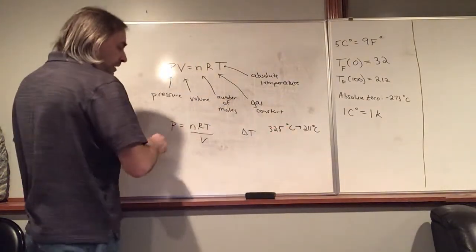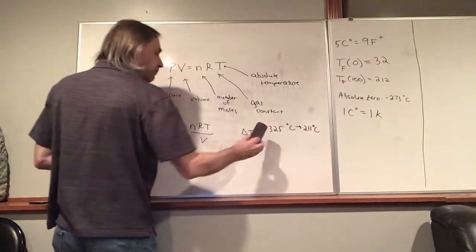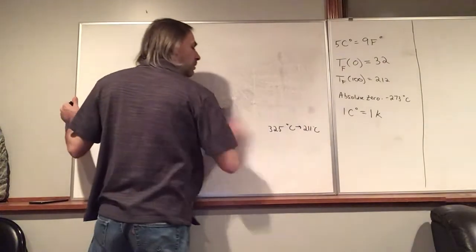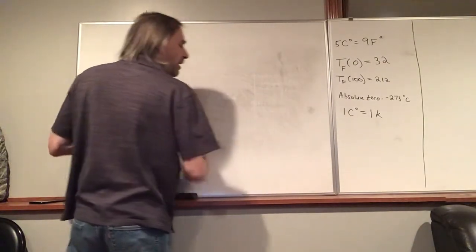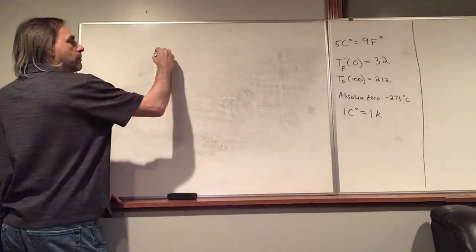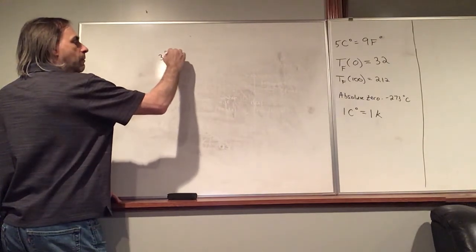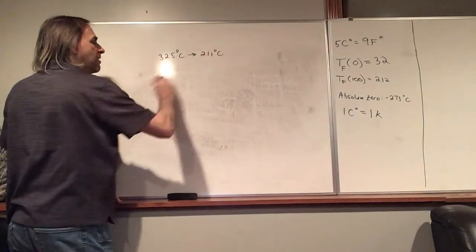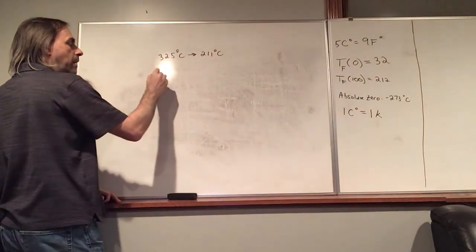Well, let's actually do this. Let's look at changes. Here, I'm just going to erase this. It went from 325 to 211. So let's look at delta T on the Celsius scale.